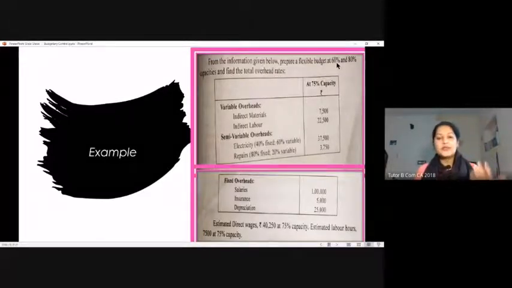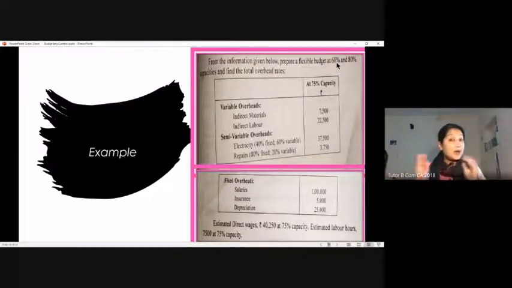We need to find the material cost and the labor cost, all for 60%, except fixed expense, because fixed, we know, is going to remain the same for all the capacity levels. Other than that, if at 75% capacity the cost is 1,000, what will be the cost for 60% and what will be the cost for 80%? That we have to find out before we go with preparation of our budget.